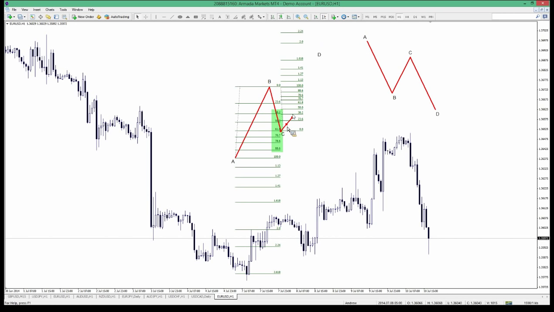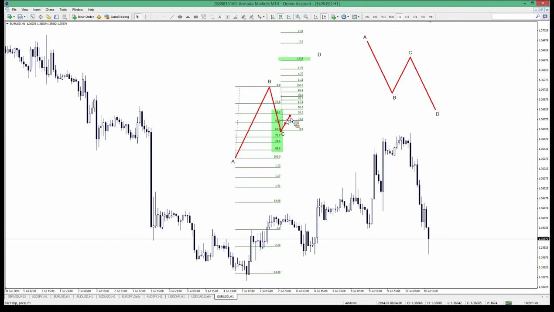Exactly the same thing. So when price moves up and then retraces down to 618, I automatically know that the 1618 Fibonacci extension up here is where I want to be looking for an AB equals CD pattern to complete. All right, it's just the way the ratios work.